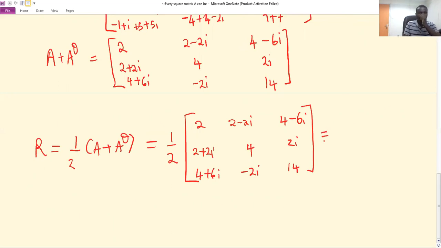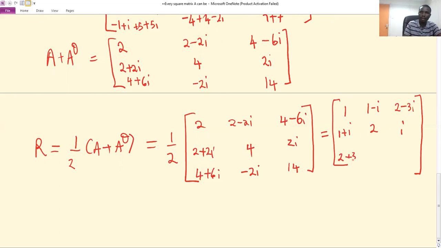And then half of every element will give 1, 1 minus i, 2 minus 3i, 1 plus i, i, 2 plus 3i, minus i, and this will be 7.